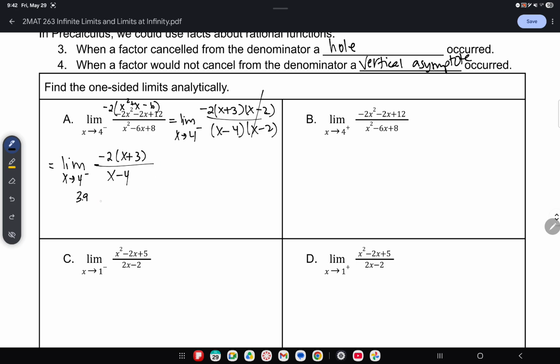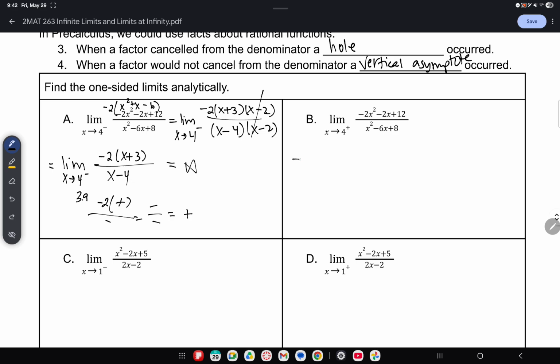Because I know it's a vertical asymptote, my answer is going to be positive infinity or negative infinity. So I'm just looking at the sign. So 3.9 plus 3 is a positive number. And then 3.9 minus 4 is a negative number. Well, on top, we'll have a negative. On bottom, we have a negative. And so in the end, that's going to give us a positive number. So this limit is going to be going to positive infinity.